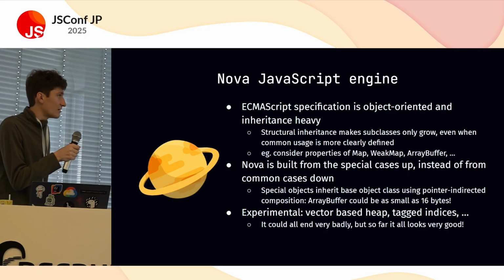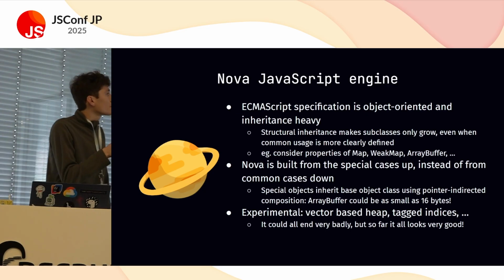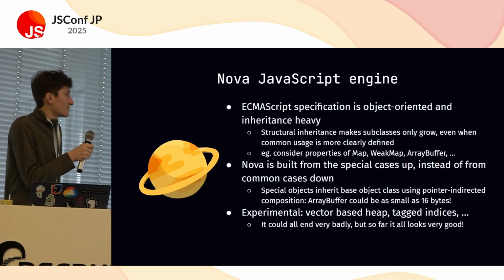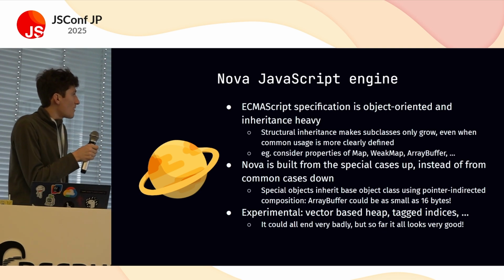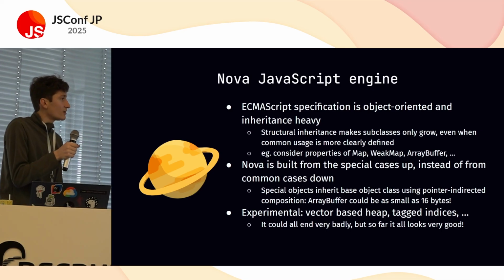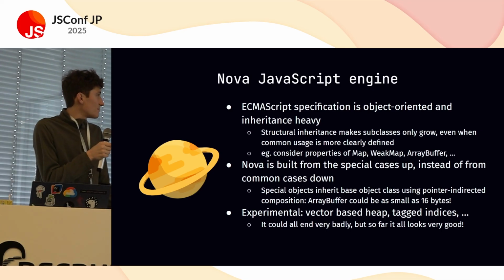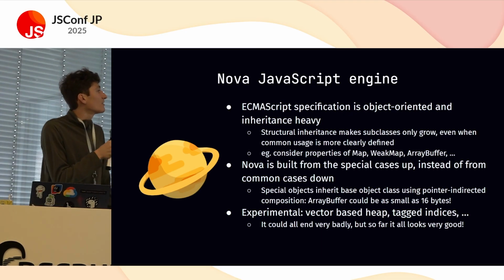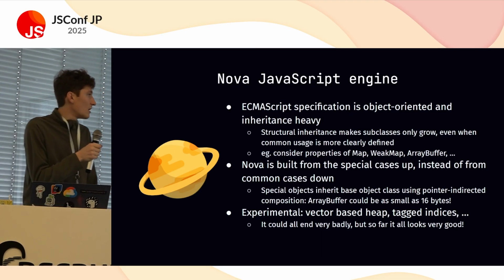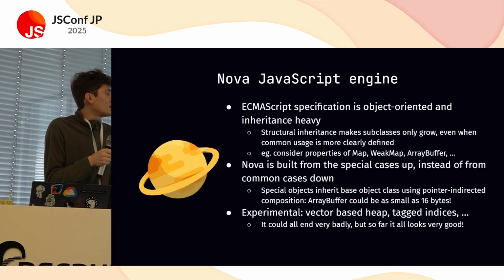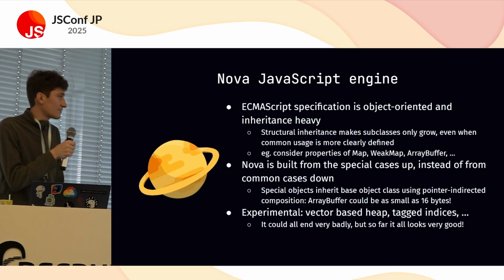Structural inheritance makes subclasses only grow when common usage is more clearly defined, such as property maps, weak maps, array buffers. So essentially, Nova is built from special cases up instead of common cases down. Special objects inherit base objects using pointer indirect composition. So an array buffer could be as small as 16 bytes.